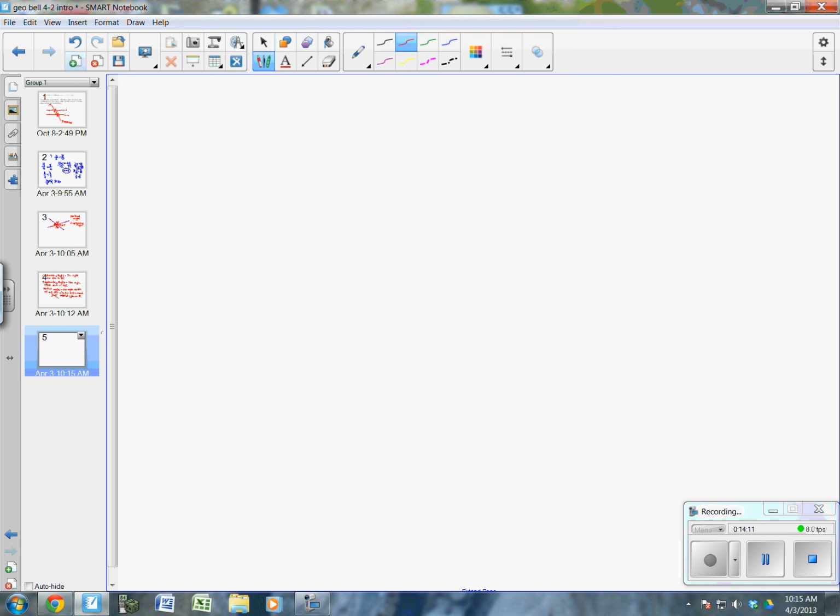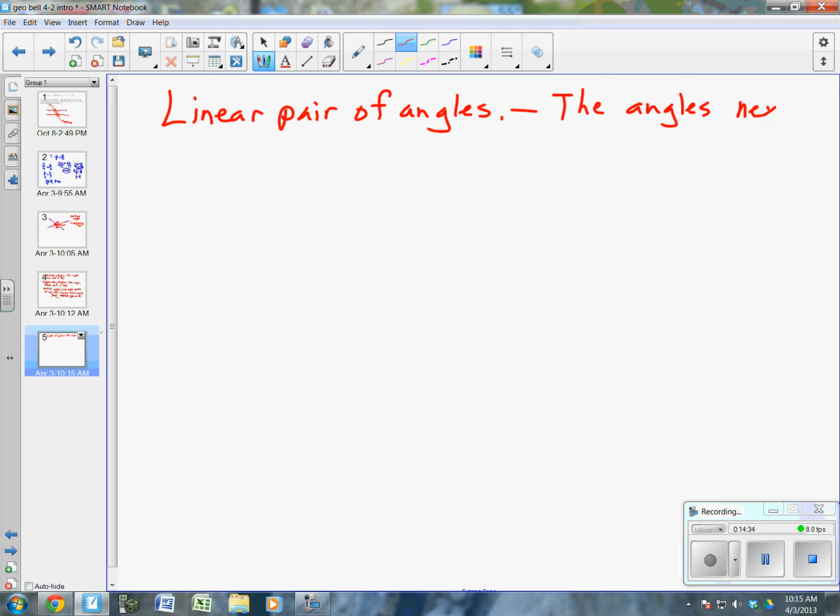Okay, the next one. Linear pair of angles. She didn't write this down right. Should say linear pair of angles. Okay? This is the angles next to each other when two lines intersect.